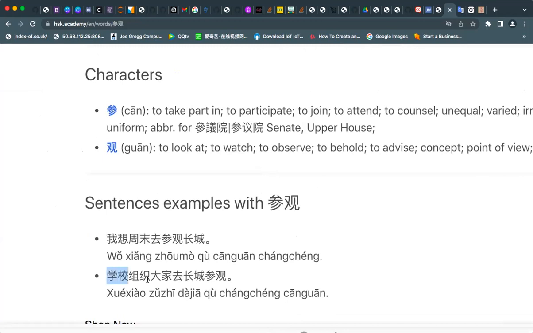Anyway, what's this part? What does it say? First one. Student. I don't know. No, it's not student. Xuexing is student. My classmate.